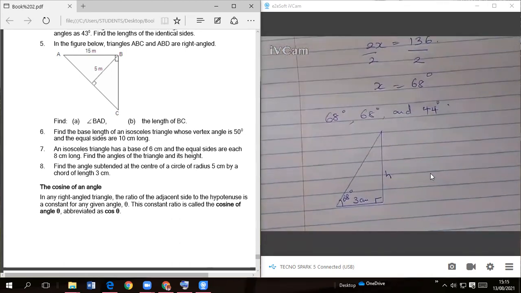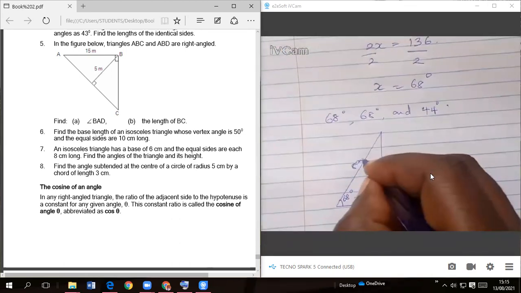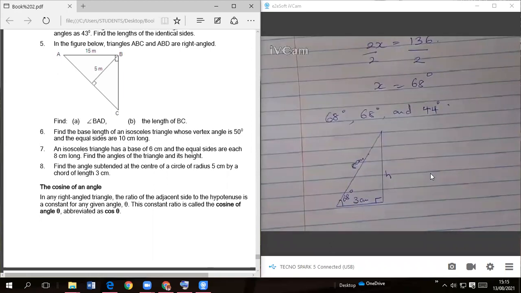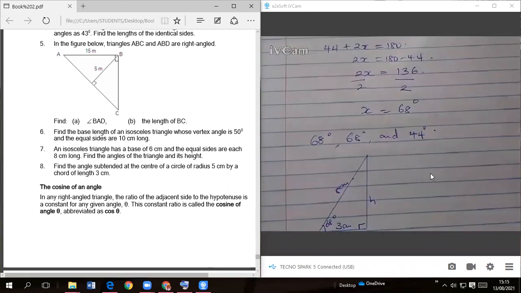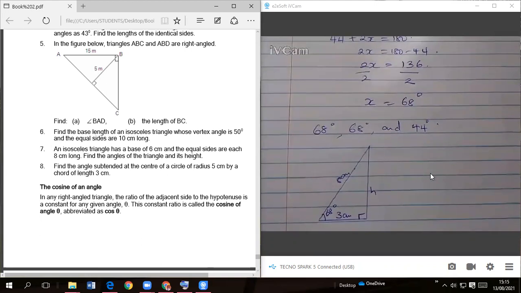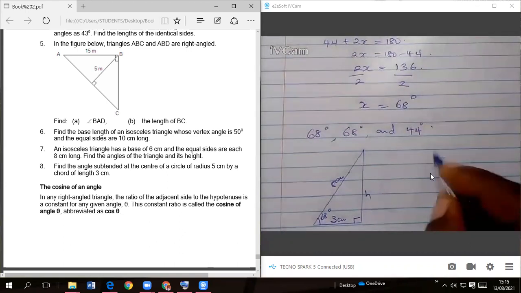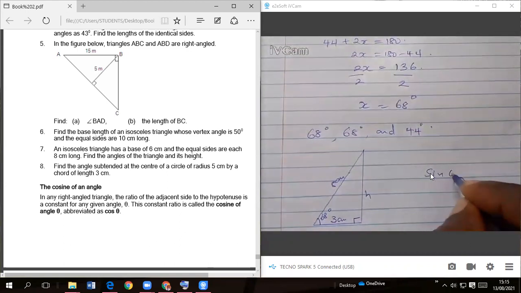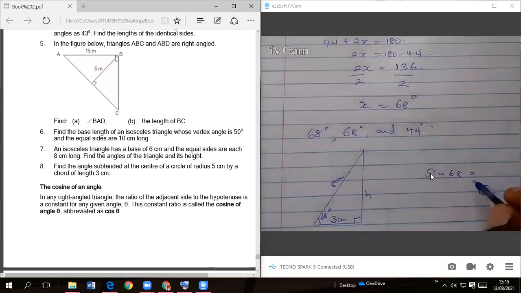So we want to get h, and this was 8 centimeters. For me to find h, I can use sine, and I say sine of 68 equals, or we can even use Pythagoras theorem, it doesn't matter. But let me use sine 68 is equal to h out of 8.